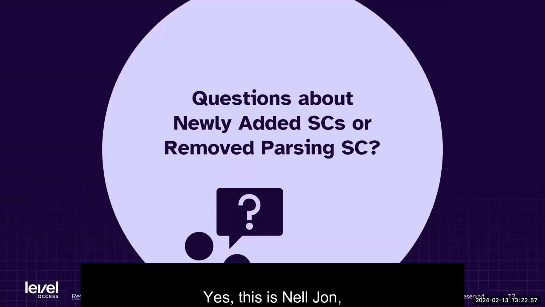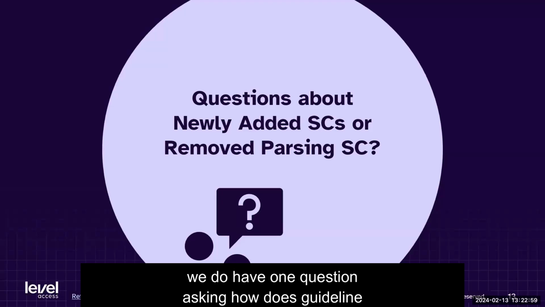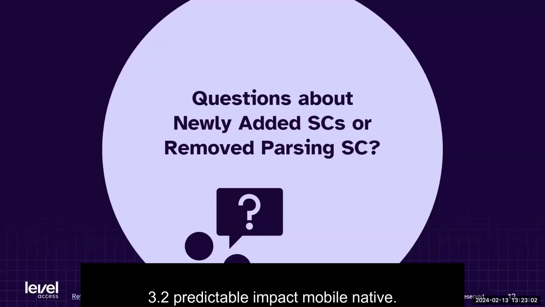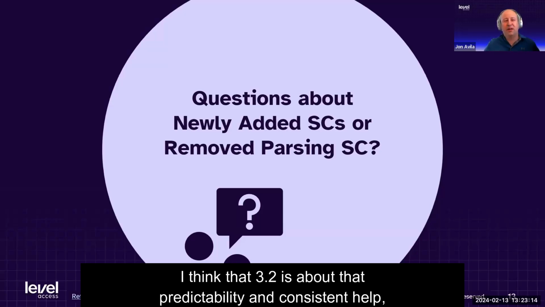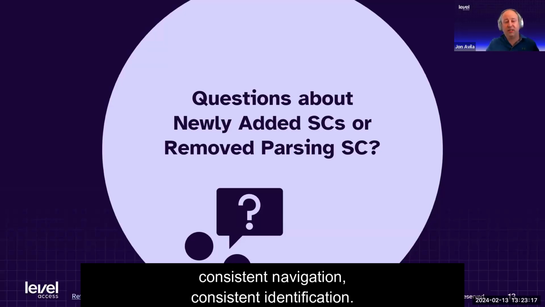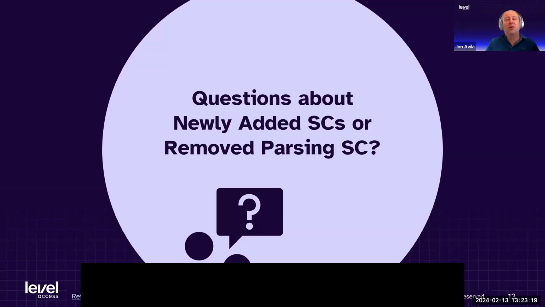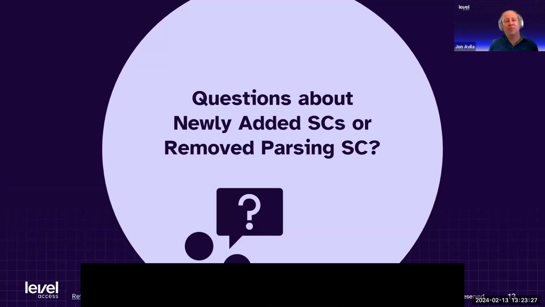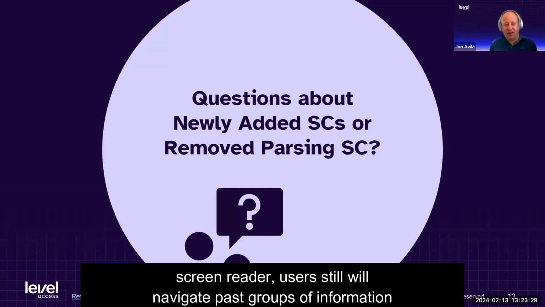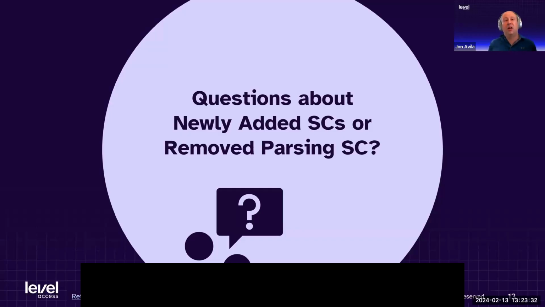Yes, John, we do have one question asking, how does guideline 3.2 predictable impact mobile native applications? So just real quick, I think 3.2 is about that predictability and consistent help, consistent navigation, consistent identification. So while some users may not be navigating as much with the keyboard, screen reader users still will navigate past groups of information.